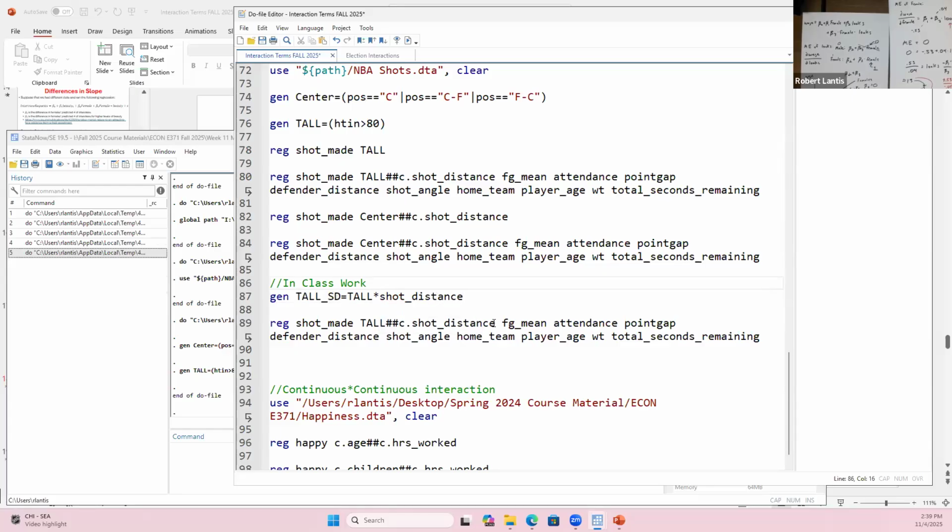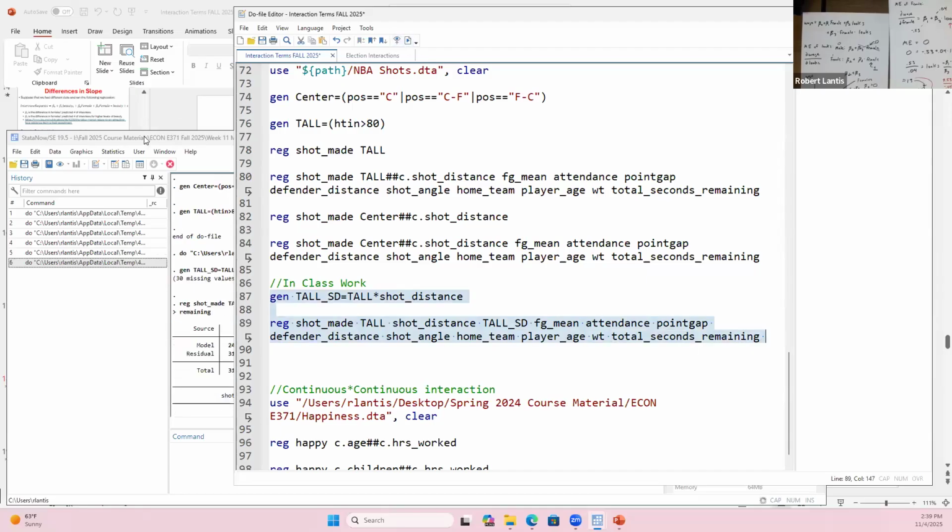Okay. So in my regression, I'm not going to use the shorthand. I need to make sure I include my dummy variable, my continuous variable, and then also the interaction that I created between the two, right? So I now have this interaction term that I've created. I'm going to run this regression, okay?